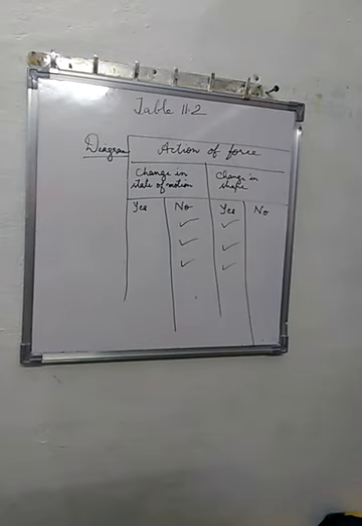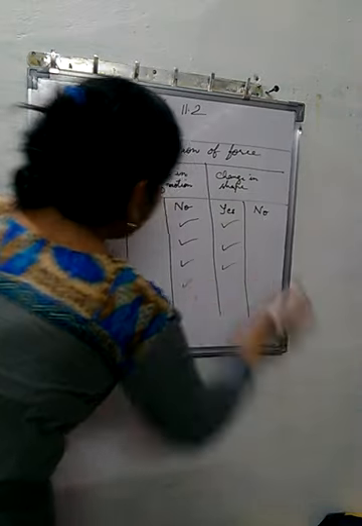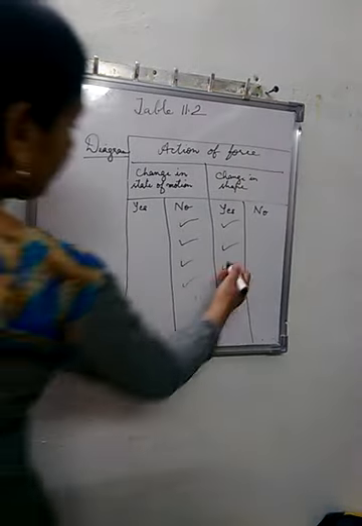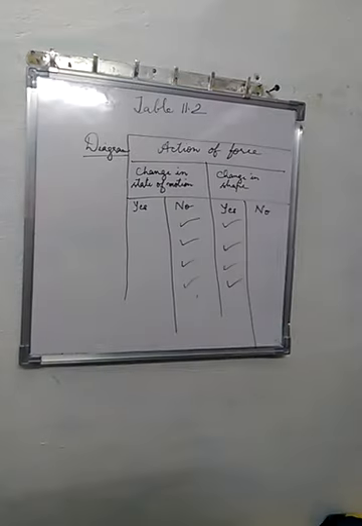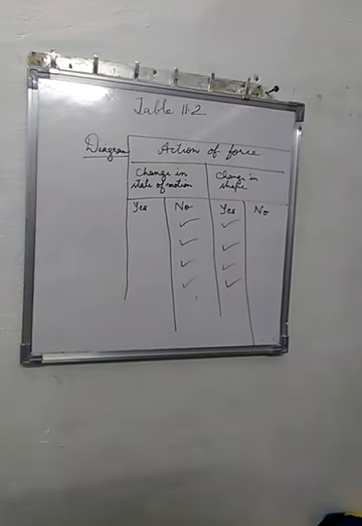Then a plastic or metal scale placed between two bricks. By putting a weight at the center of the scale is how to apply force. So again, change in motion, actually the ruler doesn't start jumping, doesn't move, but yes, the shape changes. Then a sheet of paper.